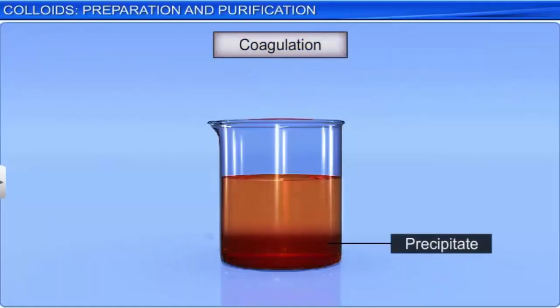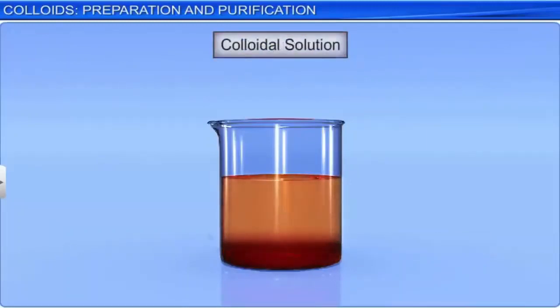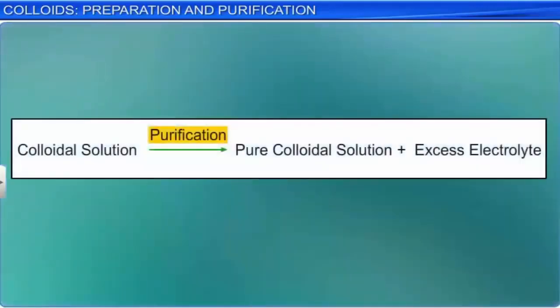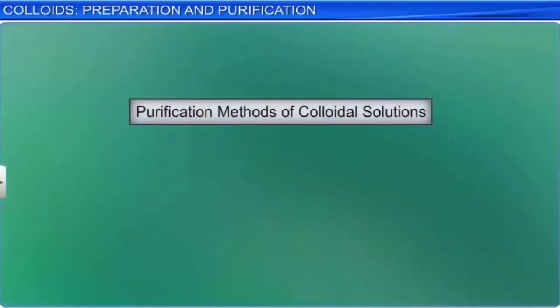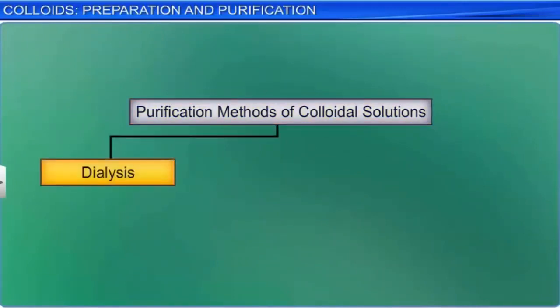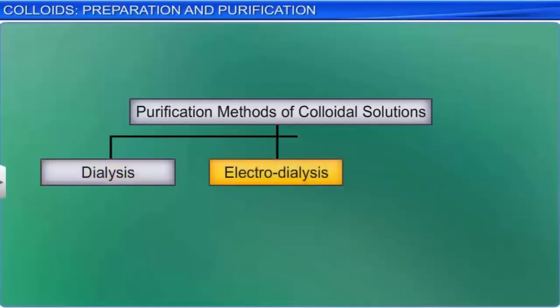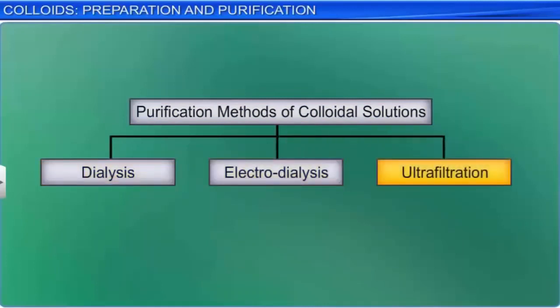That is why the sols obtained are subjected to purification to get rid of excess electrolyte. The methods commonly employed for the purification of colloidal solutions are dialysis, electrodialysis, and ultrafiltration. Let us discuss these methods one by one.